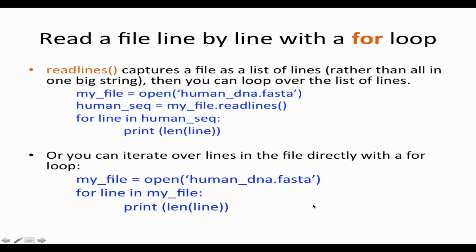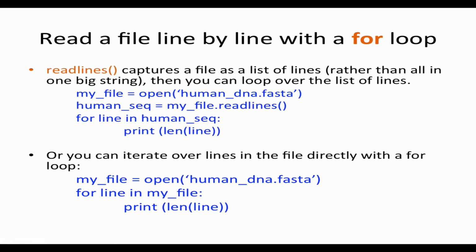Or you can iterate over the lines directly using this construct here. My file, open, human DNA file. Right, this is an iterable. That's what I'm saying. My file is an iterable.